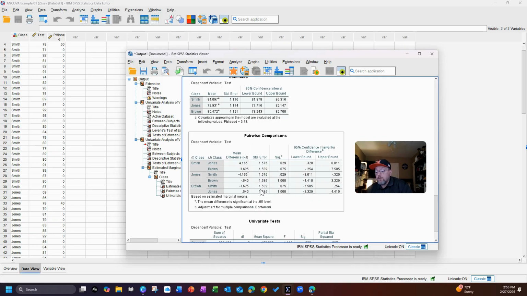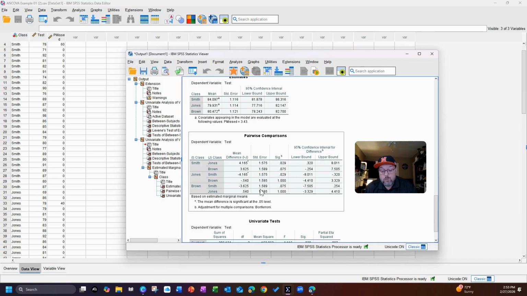Levene's test confirmed equality of error variances, F(2, 87) = 0.371, p = 0.691.